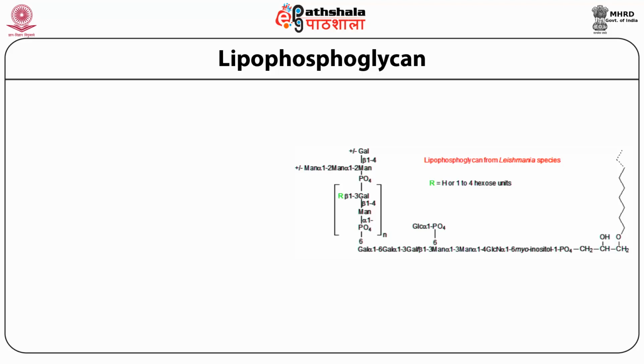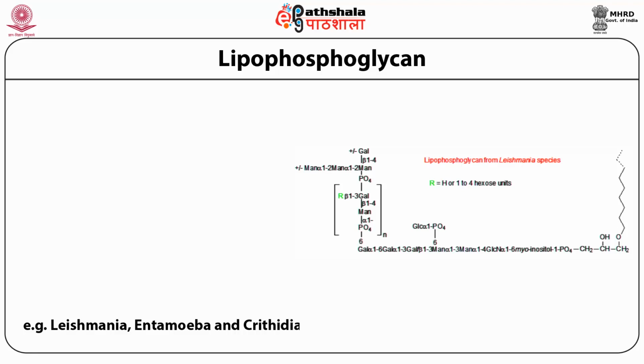The surface of the Leishmania, Entamoeba and Crithidia species contains lipophosphoglycan.